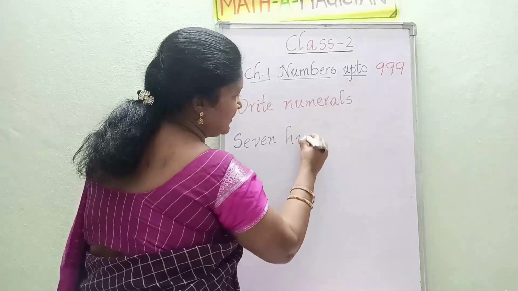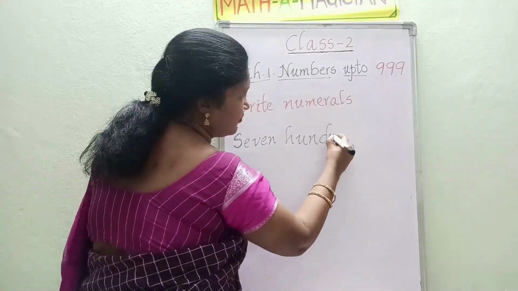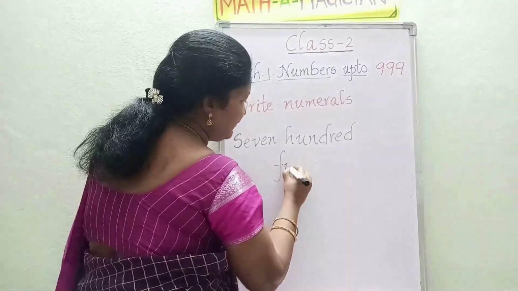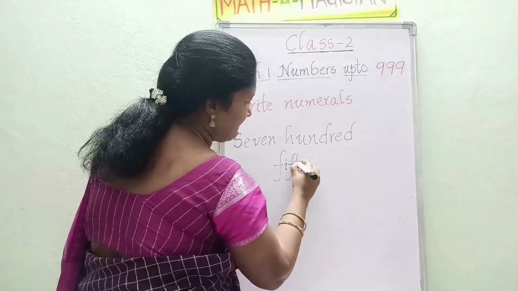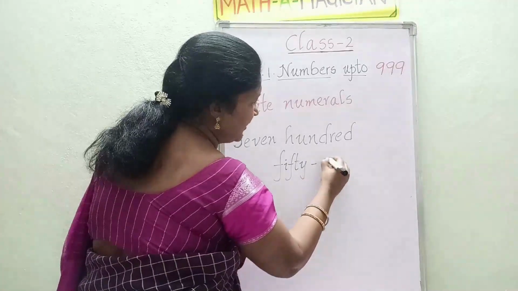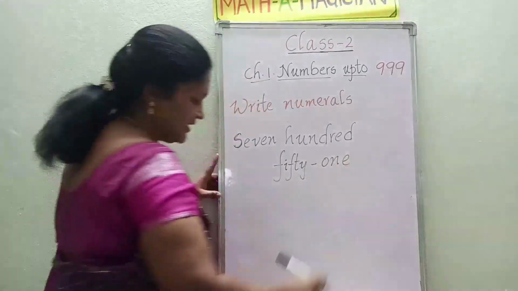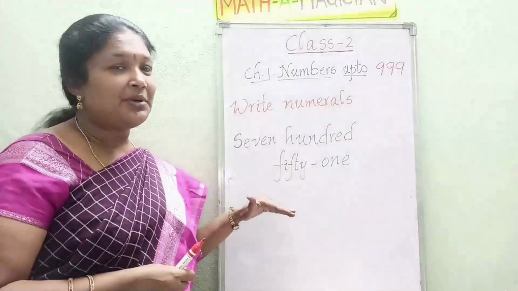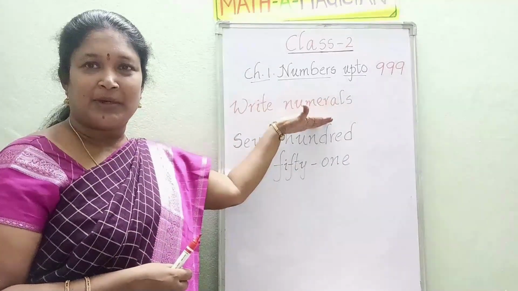Seven hundred fifty-one. So here the number name I gave to you, and what you have to write? You should write the numeral for that.